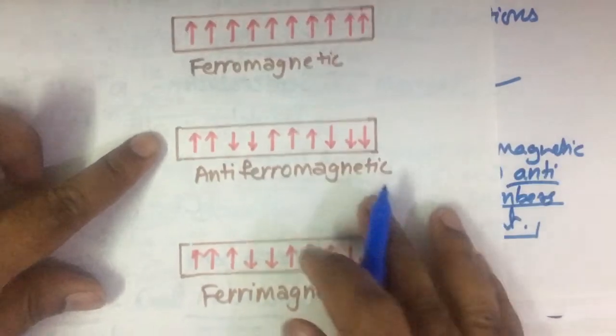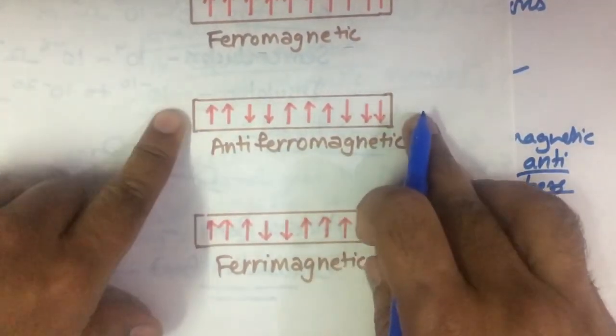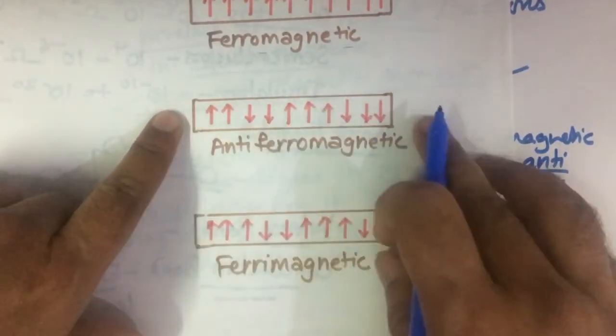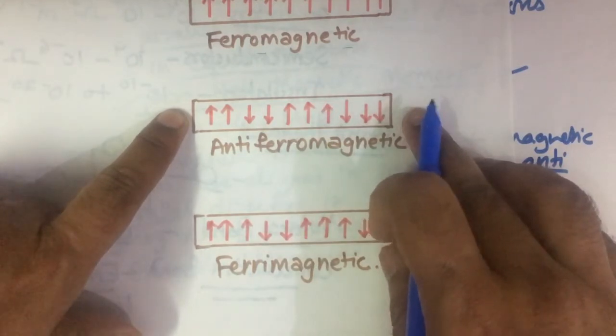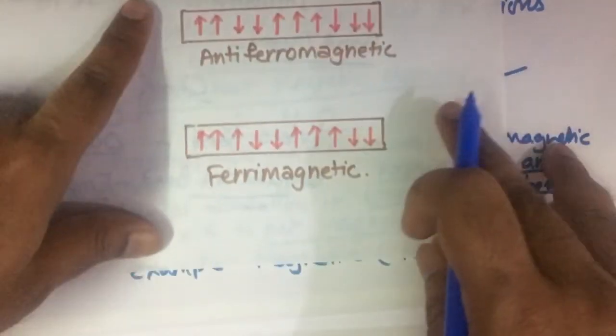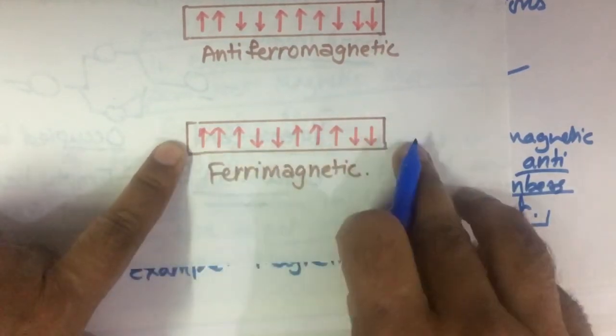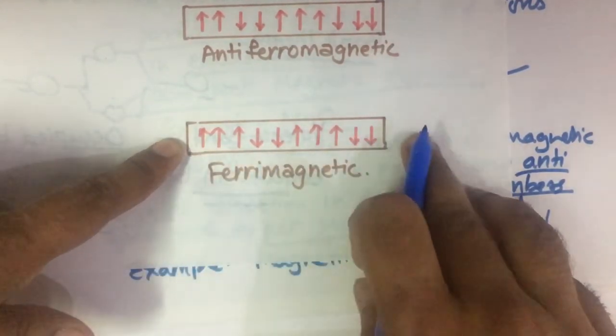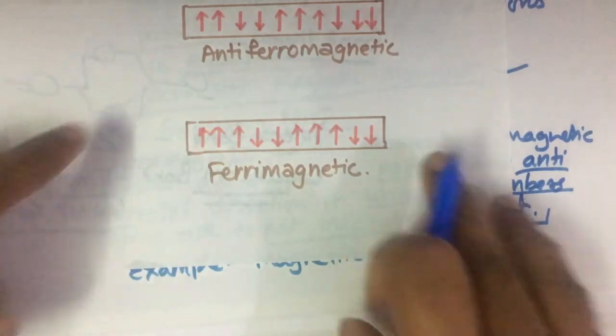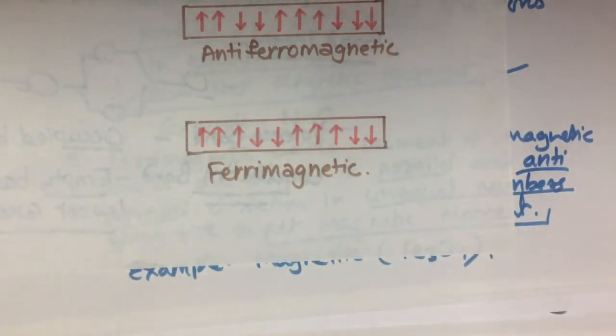In antiferromagnetic, magnetic domains are aligned in parallel and antiparallel in equal numbers. And in ferrimagnetic substances, the parallel and antiparallel alignment of magnetic domains are in unequal numbers. So these are the 5 types of magnetic substances.